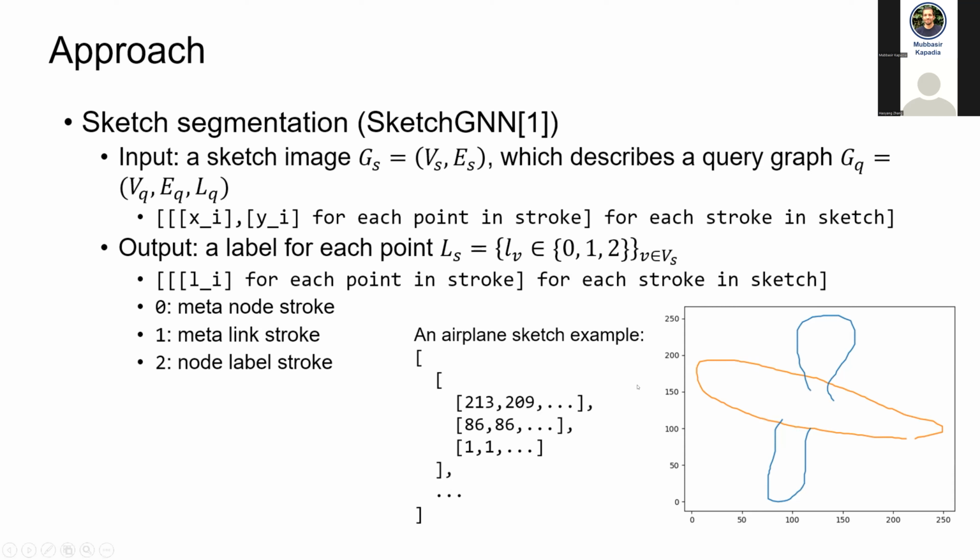On the right hand side, I use an example of an airplane sketch where the first line indicates the x-axis, the second line indicates the y-axis, and the third line indicates its label.